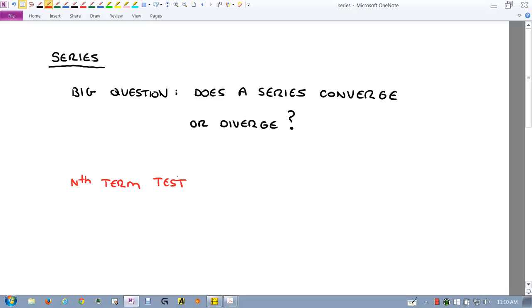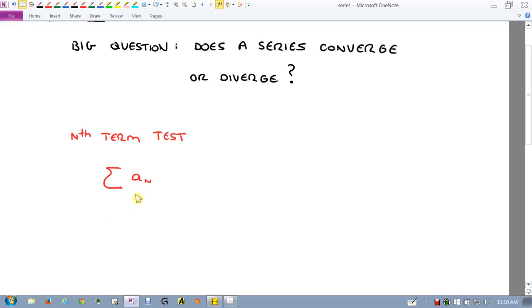And what does it say? So it says the nth term test and the series that we're looking at. If you're looking at some series, the sum of A sub n, that's the notation that we'll use. What they mean by this is like n starts at 1 and goes to infinity or something like that. You have a series, right? The nth term test says, take a look at the actual sequence inside.